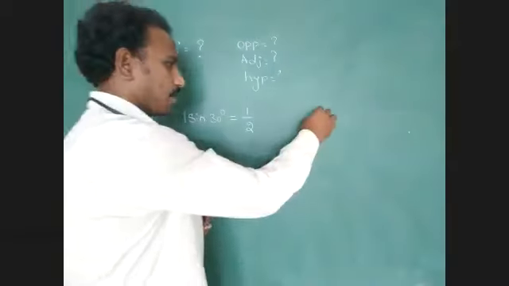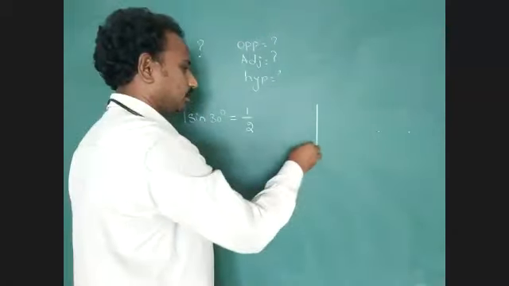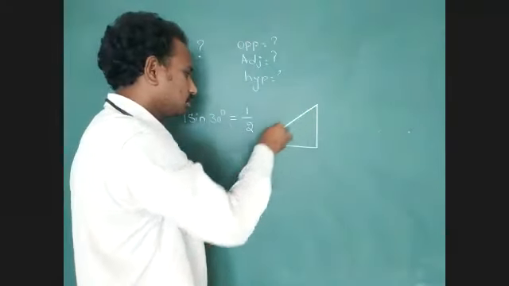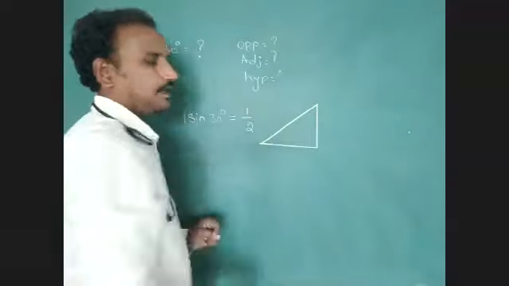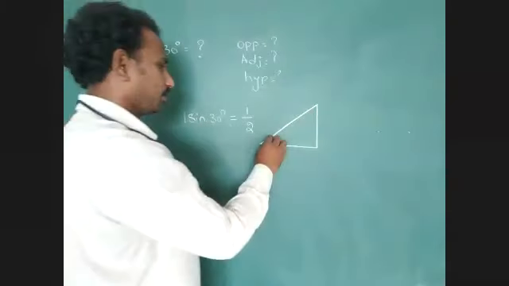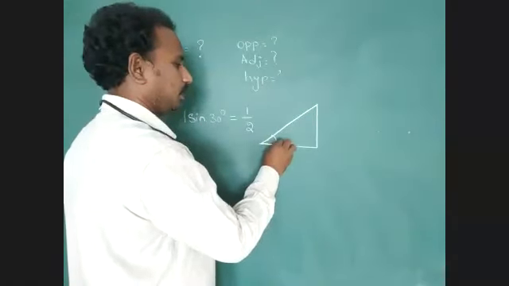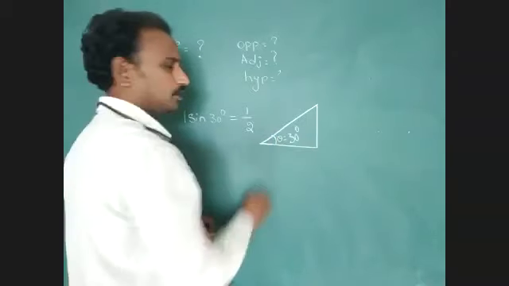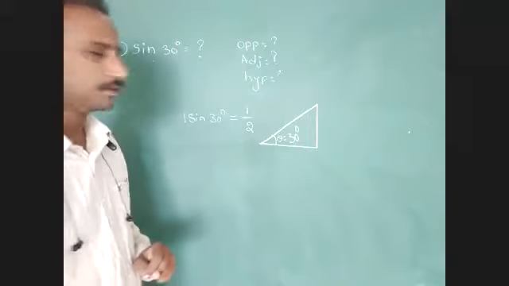Just imagine a right angle triangle. Trigonometric functions are only applicable to right angle triangles. We represent the angle theta, theta equal to 30 degree.